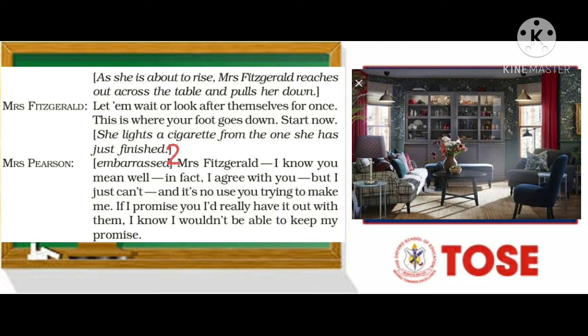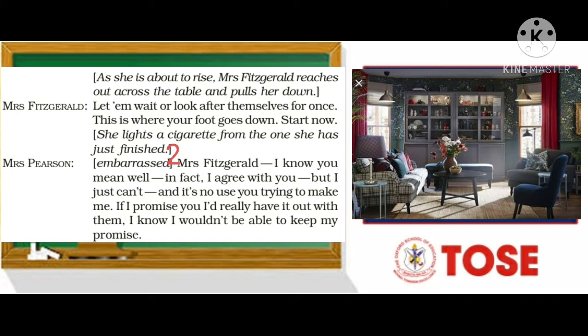She lights a cigarette from the one she has just finished. So Mrs. Fitzgerald was already smoking, and she just lit another cigarette from the one which she had already finished.